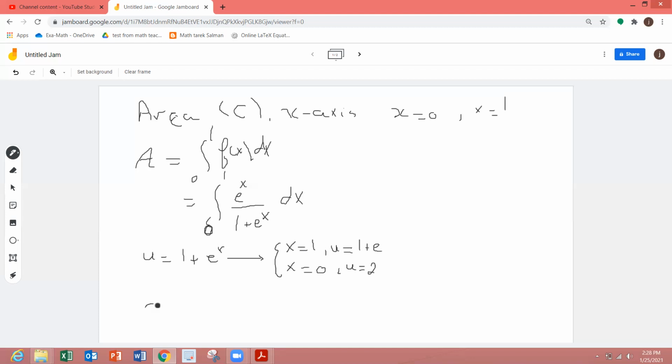Now the derivative of u equals e to the x dx, then dx equals du over e to the x.